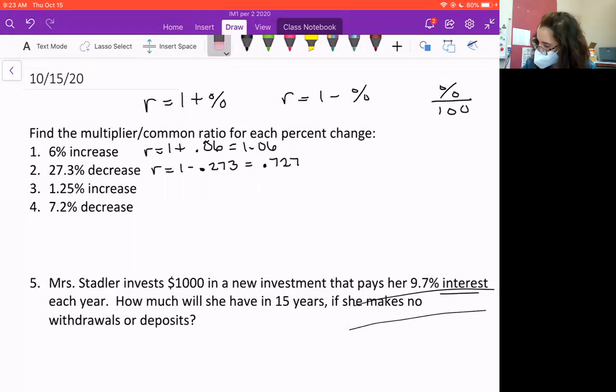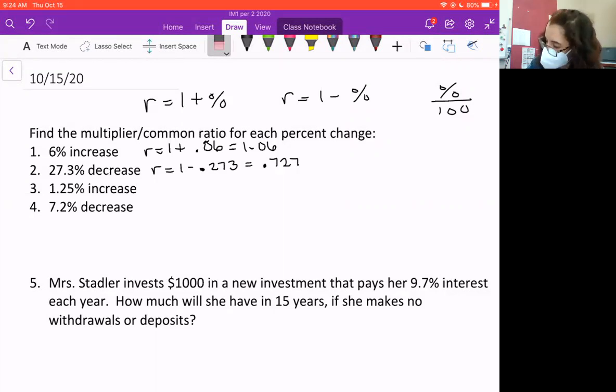Okay, so what that means is if you want to decrease something by 27.3%, you multiply it by 0.727. If you take a number and you multiply it by 0.727, you have decreased that number by 27.3%. So that's what we mean by multipliers. So you multiply any number by these things to create a 6% increase or a 27.3% decrease.